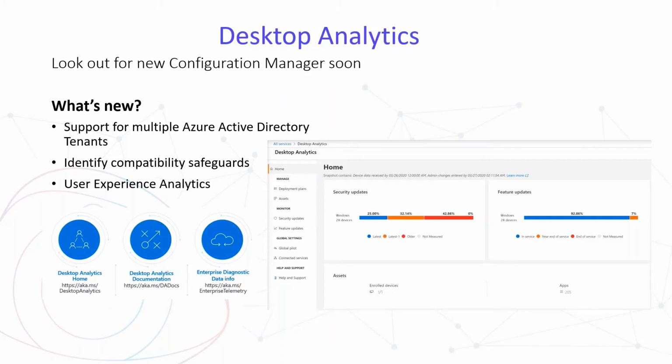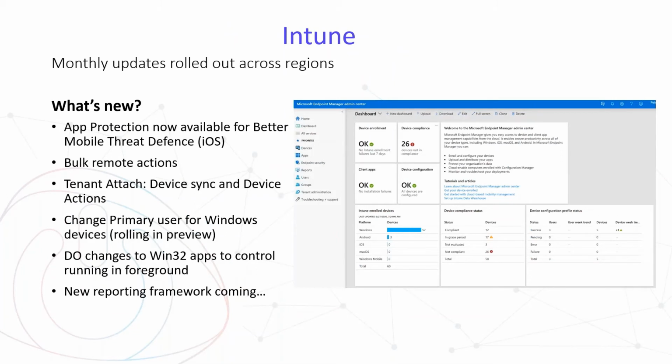So theoretically, if you can reduce your boot times, reduce your application crashes, you can then leverage some of that information and then obviously come out with a better user experience score, if you like. So not an awful lot there on desktop analytics at the moment, but watch this space. I expect to see quite a bit more of that, certainly in the coming maybe 6 months or so. Okay, moving quickly on to Intune.